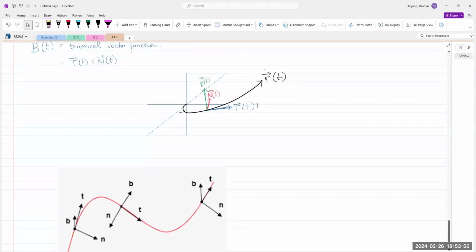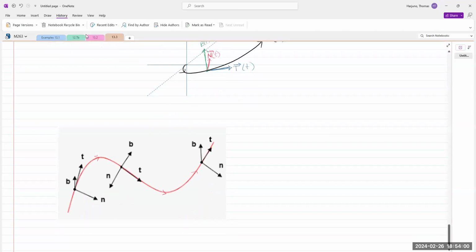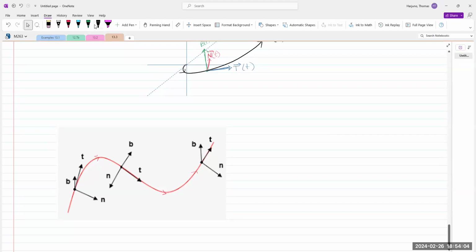Now, notice that this red curve here is actually moving in this direction. The vector T is always tangent to the curve, like your headlight, right? Okay.